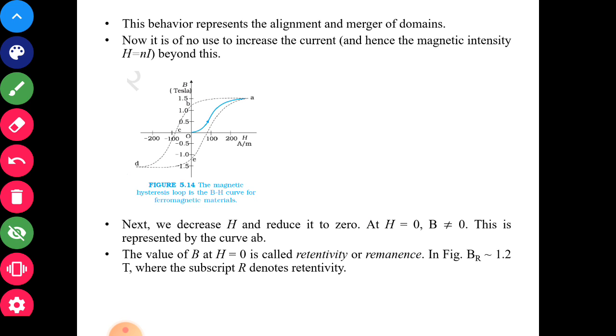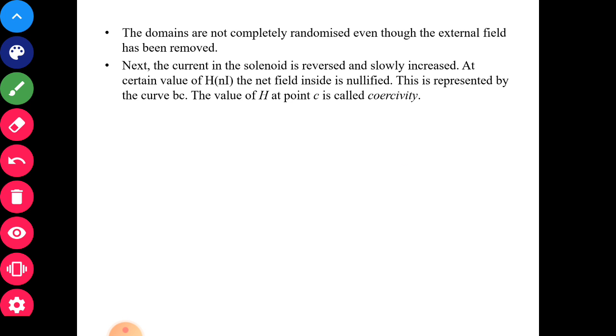Still there is a magnetic field. The external field is removed, but the domains are not completely randomized. Next, the current in the solenoid is reversed and slowly increased. Now the opposite direction of the current, the battery is changed from positive-negative.